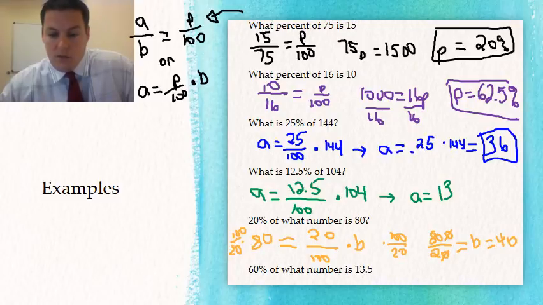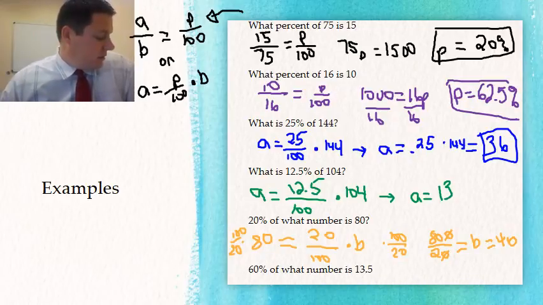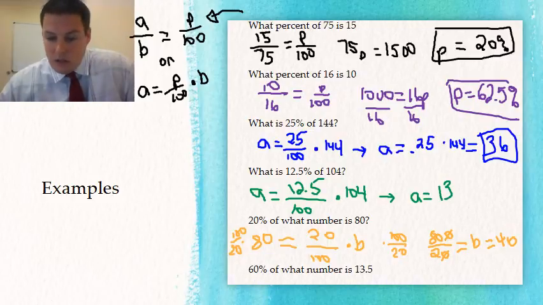B equals 40. That doesn't seem right. Where did I go wrong? Oh, 100 times 80 is 8,000. See, again, I'm just showing you guys more reason why you should go slow.